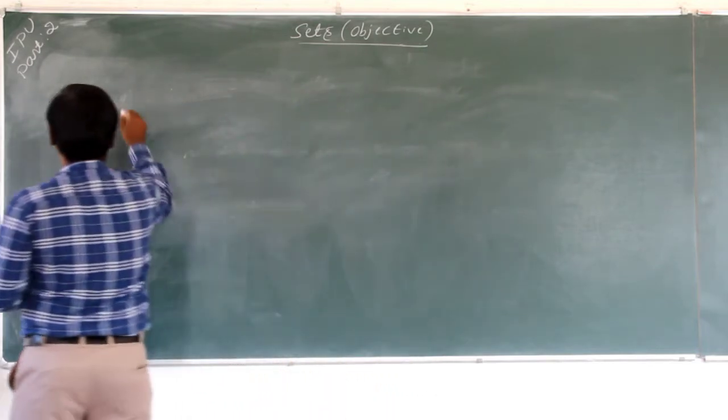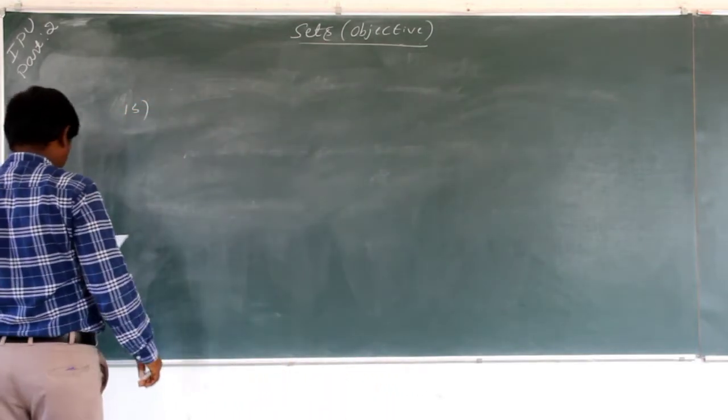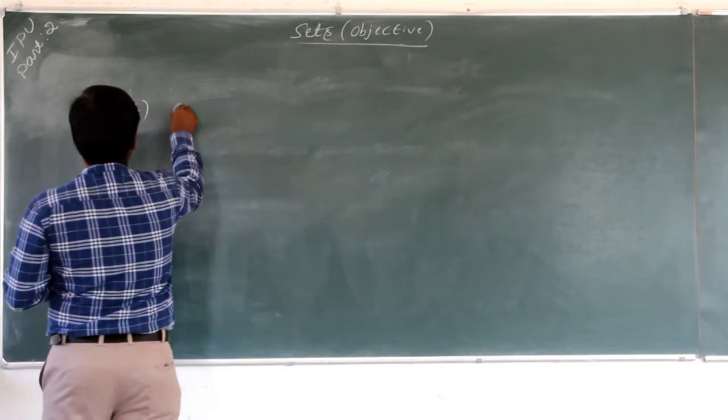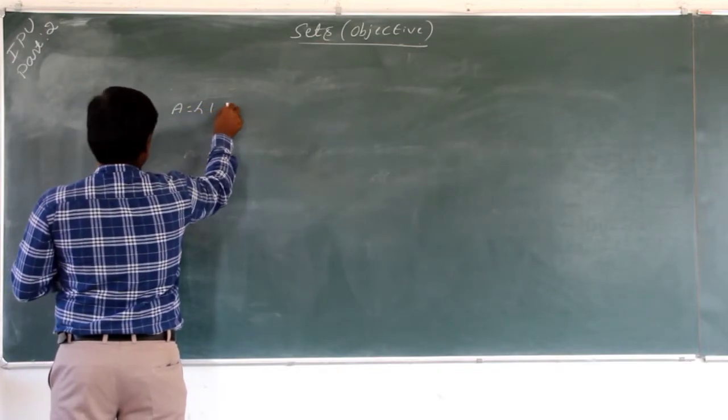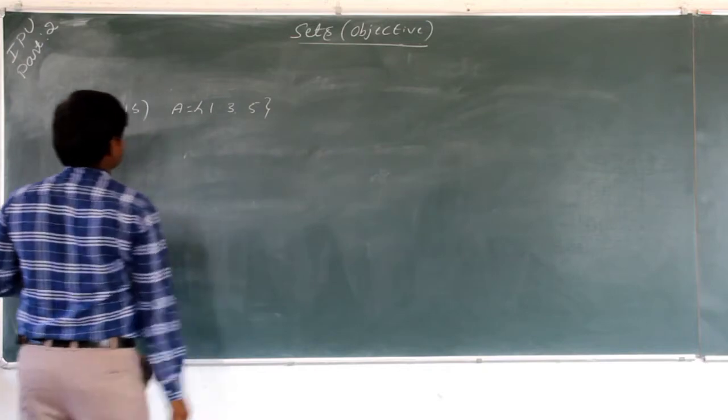Question number 15. Set A is equal to 1, 3, 5. Set A consists of the elements 1, 3, 5.